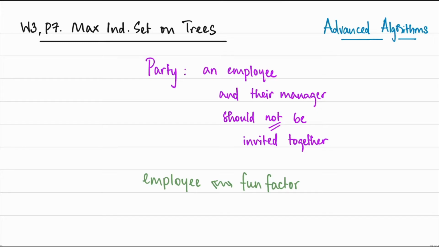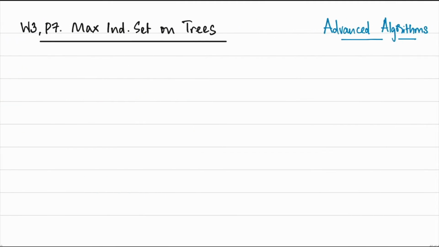So imagine giving all the employees points on a scale of 1 to 10 or something based on how much life they're going to add to the party if they were to come. And what we want to do, of course, is maximize for fun. We want to organize a party that's as fun as it can be, but of course it's subject to this constraint here. So let's look at an example.